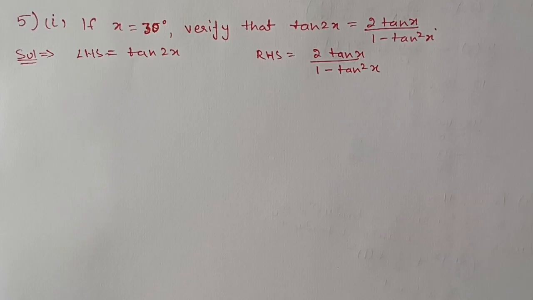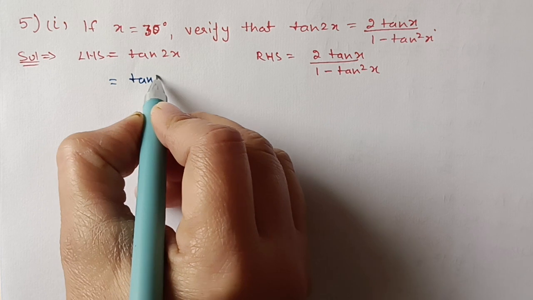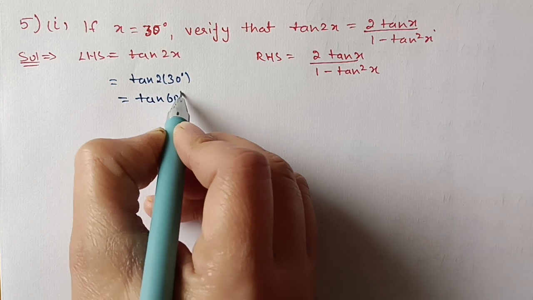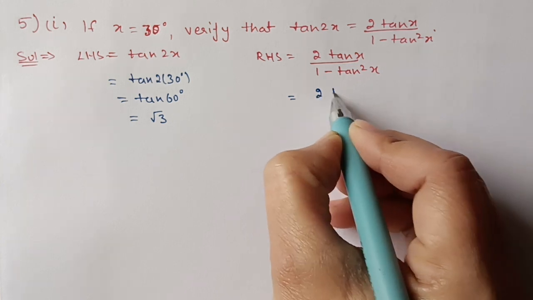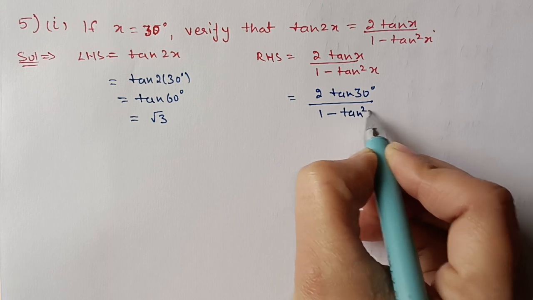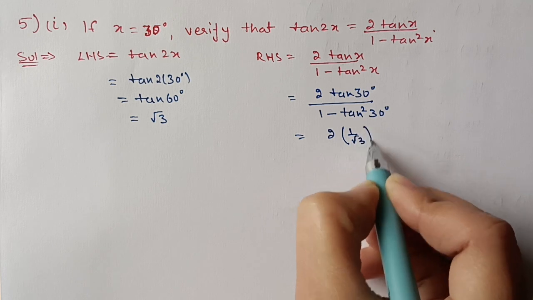Next we have fifth question, first part. If x is equal to 30 degree, then verify tan 2x is equal to 2 tan x upon 1 minus tan square x. So first I have taken the left side. In the left side, substitute the value of x. Tan 2 into 30 means tan 60 degree. Tan 60 degree value is root 3. Now we will check the right side: 2 tan 30 degree upon 1 minus tan square 30. Tan 30 value is 1 upon root 3.